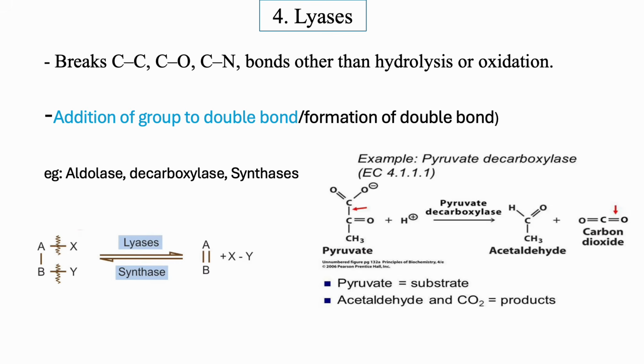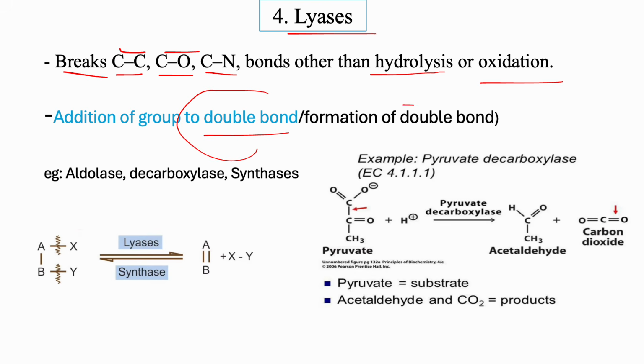Let's talk about lyases. Lyases break C-C bonds, that is carbon-carbon bonds, carbon-oxygen bonds, and carbon-nitrogen bonds. In this group of enzymes, they can break this carbon-carbon single bond, by means other than hydrolysis or oxidation. And they can also form a double bond. Examples are aldolases.